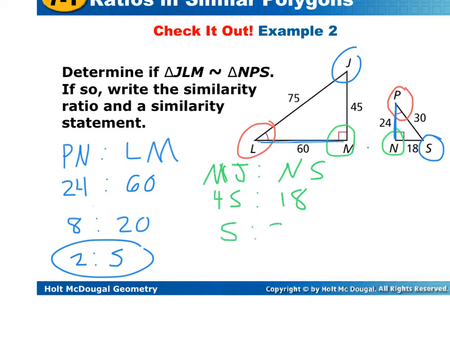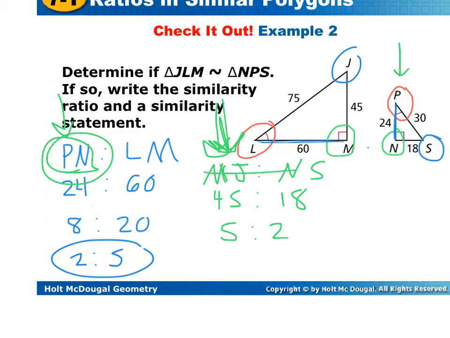It's opposite. But one thing that we didn't consider, we need to keep this consistent with this. So the first number has to be from either the big one or the small one first. So PN is coming from the small triangle, right? So whatever comes here for MJ has to come from the small triangle too. So we flip them.